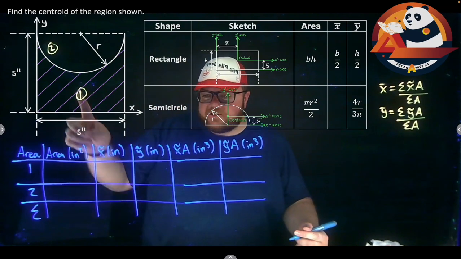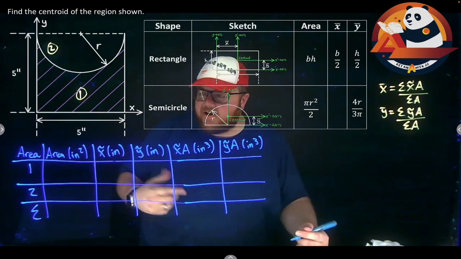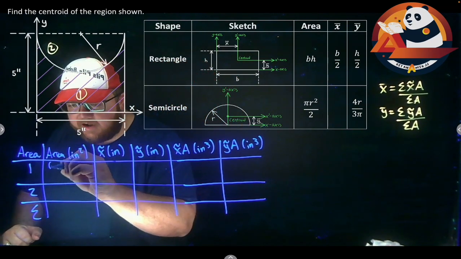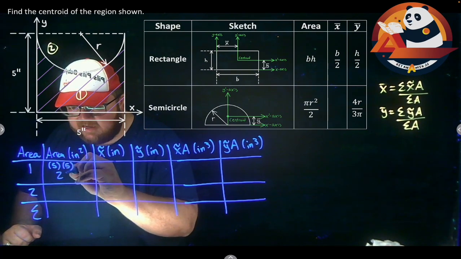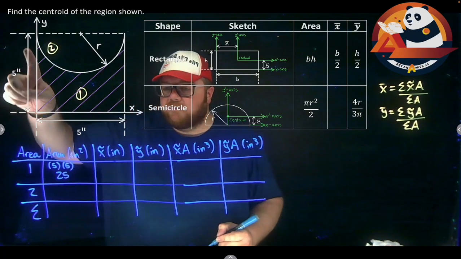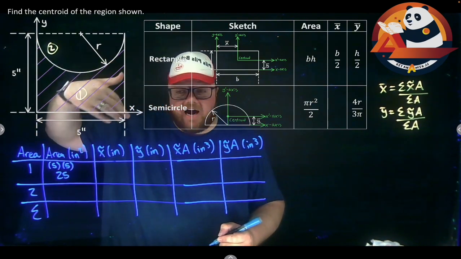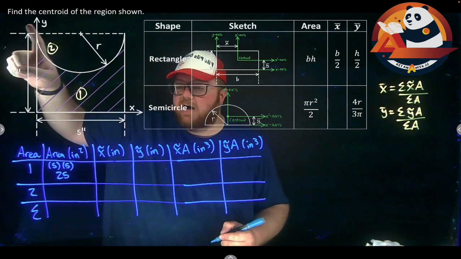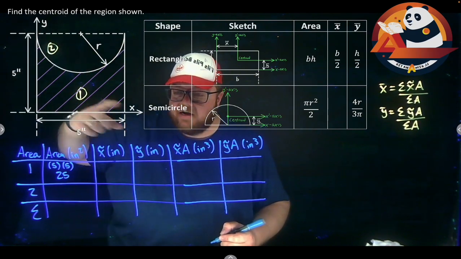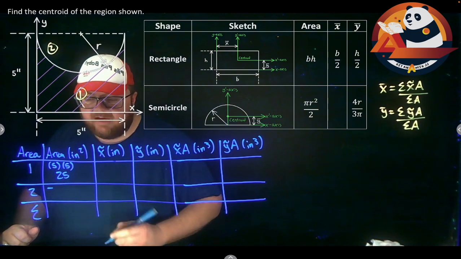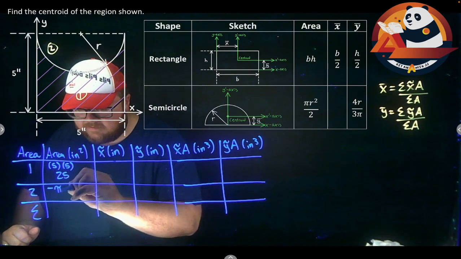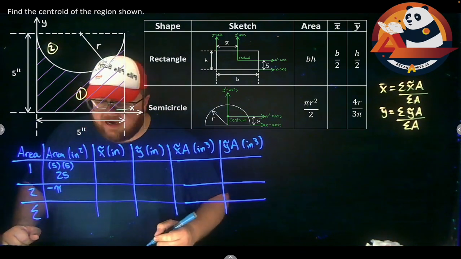The area for shape 1 is a 5 by 5 square, so 5 times 5 gives us 25. For our semicircle, we're cutting this out from our shape. Shape 1 covered up this piece up here, so I need to subtract it out. That's a negative area, negative pi times r squared divided by 2. What's our radius?